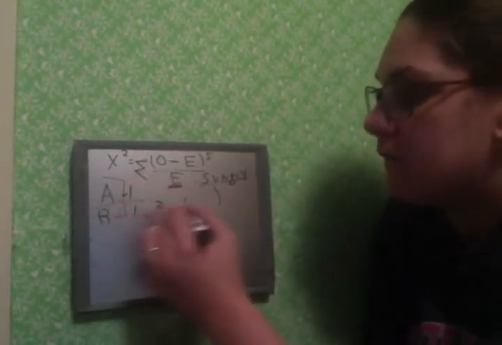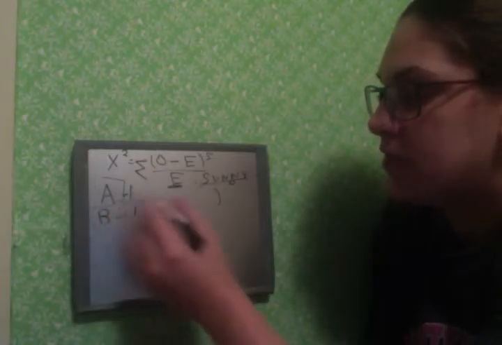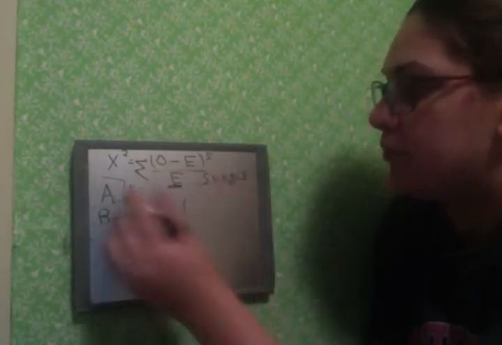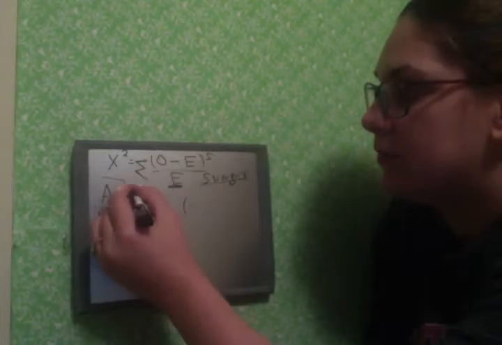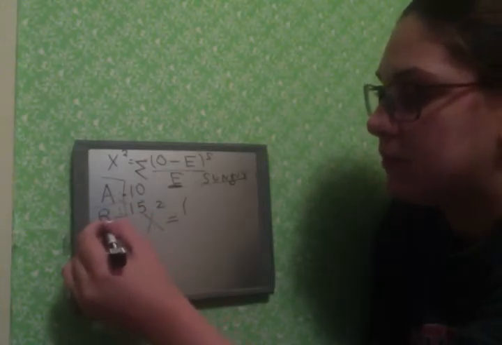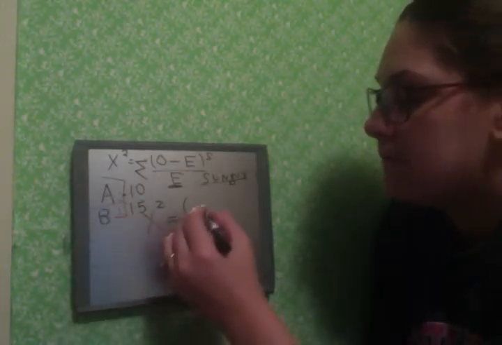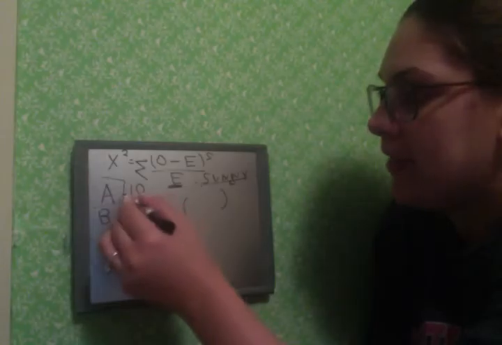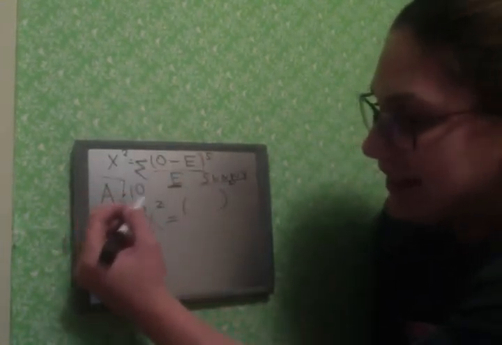First, let's just say for A we did 10, and we have 15 for B. Okay, so for A, it is 10.